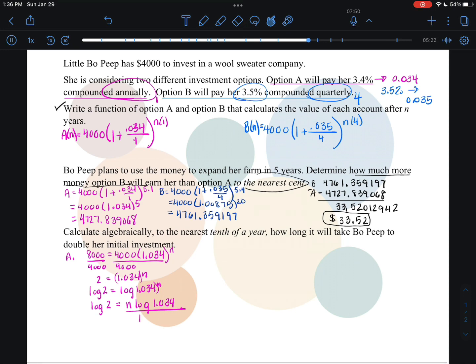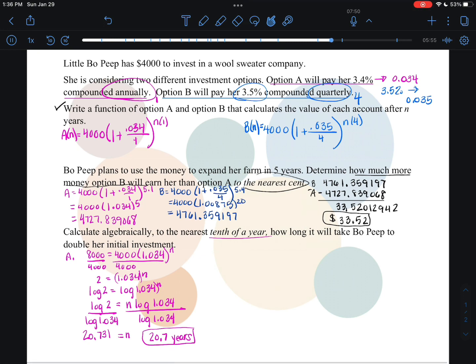I'm going to divide both sides by the log of 1.034 to get my final answer for how long it will take. And n is going to equal 20.731 years. But the answer is to the 10th of a year, so 20.7 years for option A.